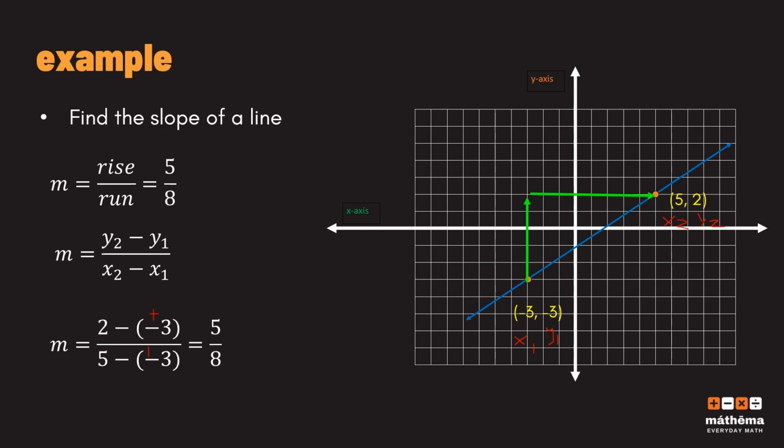Same is true here. So what will happen is 2 plus 3 is 5, 5 plus 3 is 8. Therefore, again, the slope of this line is positive, upward, left to right. As you can see here, the movement of our graph is going up from left to right.